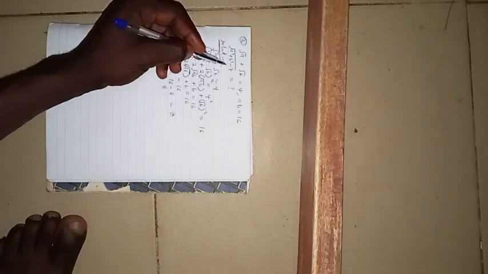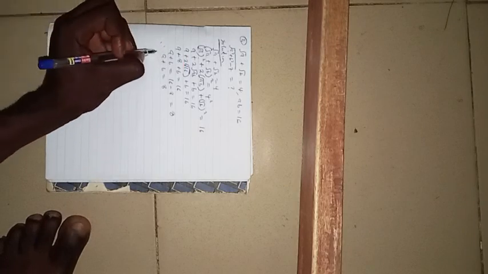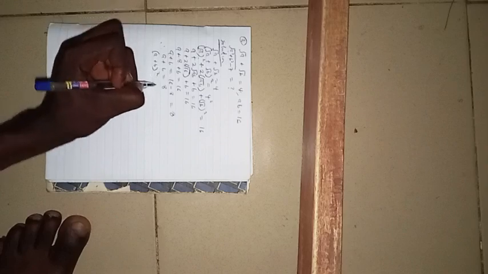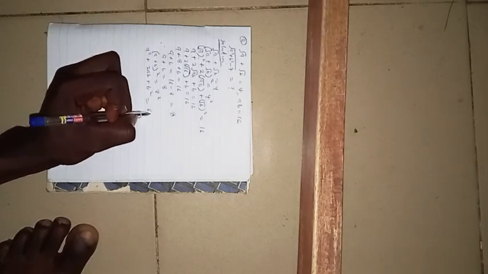Now a plus b equals 8, but we are looking for a squared plus b squared. So what else can I do? I can also square this. That is, (a plus b) squared equals 8 squared. I squared both sides again. If you square this, I'll have a squared plus 2ab plus b squared equals 64.